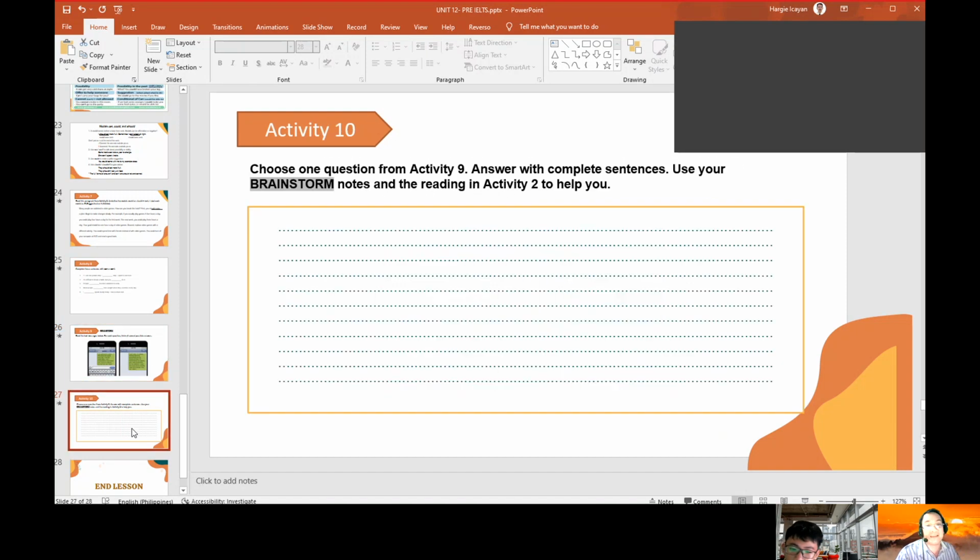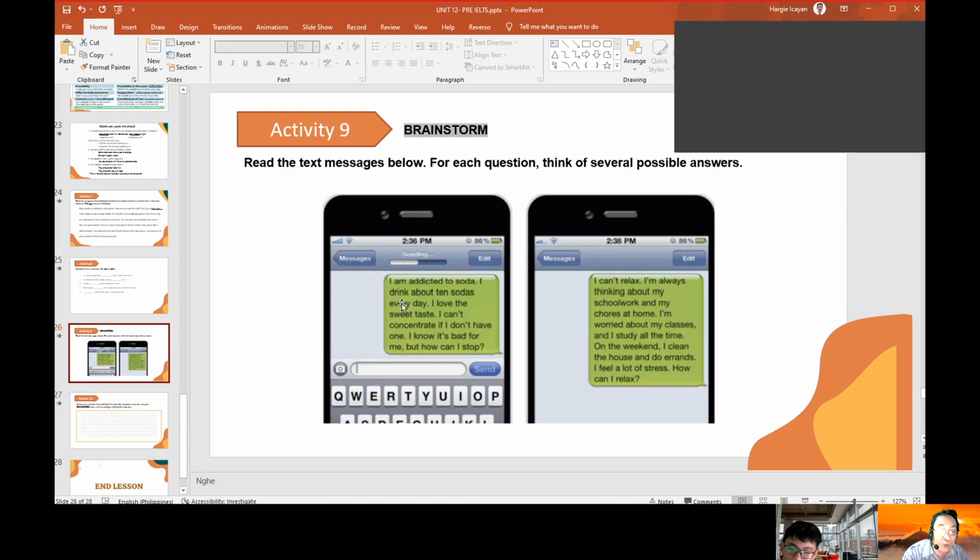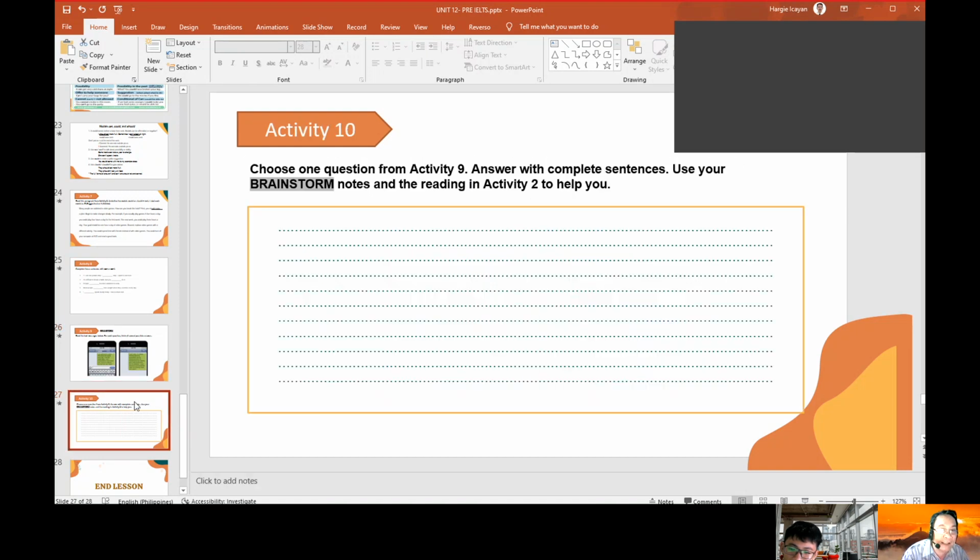We have done it, right? We already did this one already. So this one is the answer. So maybe choose one from here and then answer in complete sentences. Use your brainstorm notes and read. We did that one already.